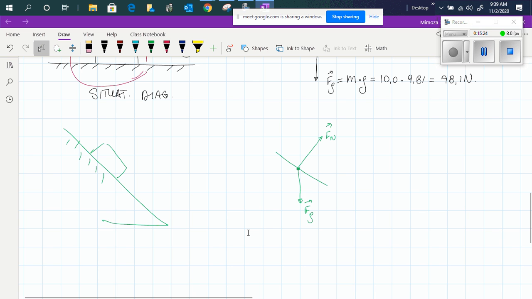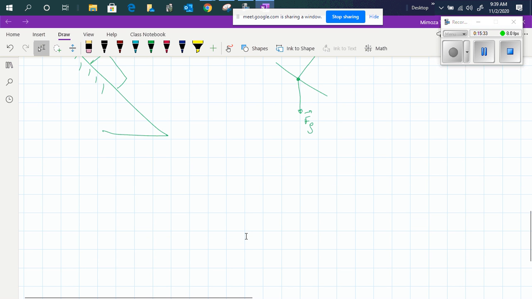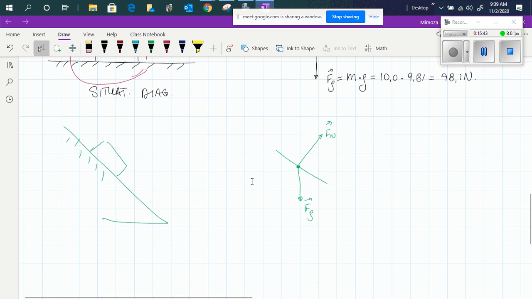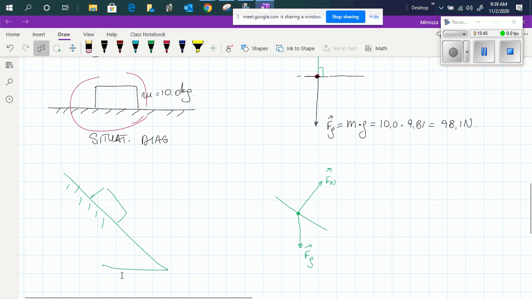Now, another force that we talk a lot about in dynamics is known as the force of friction. Force of friction is a force that is always opposing the motion. So in the case when we have a horizontal surface like this, and let's suppose that we have a force applied here, then the force of friction will exist between the object and the surface.